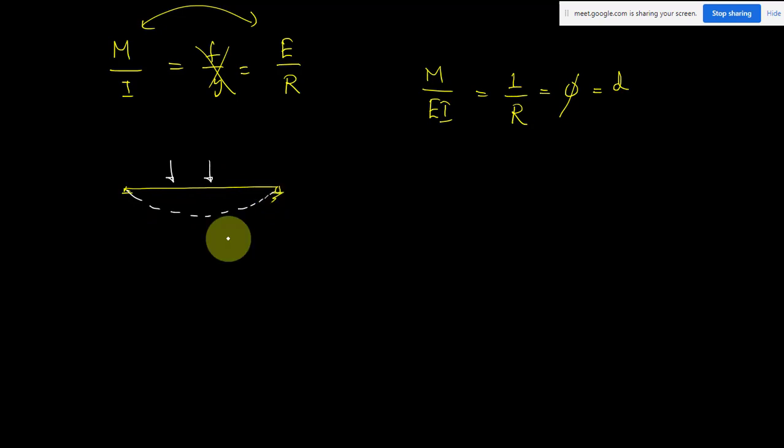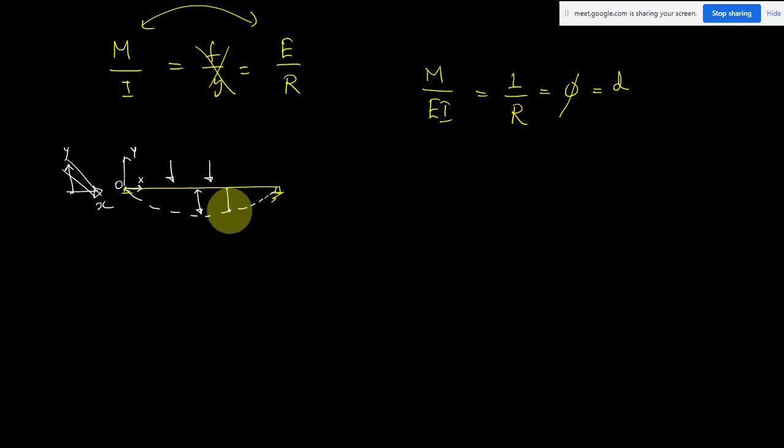So you define a coordinate x and y. The origin of the coordinate is at the support A. The deflection means the vertical movement of the beam.